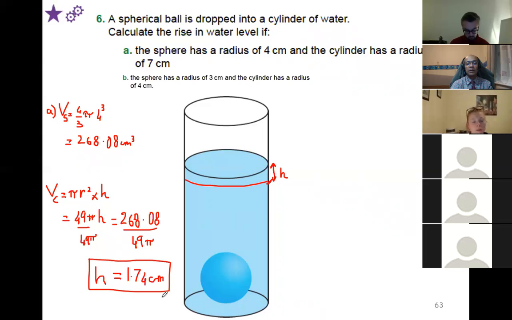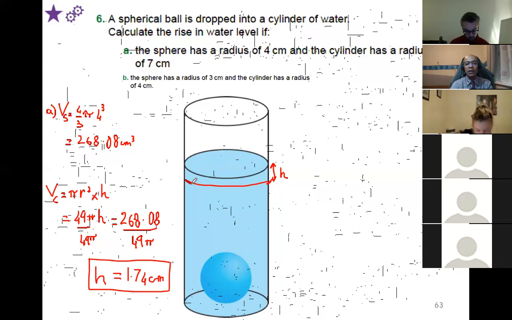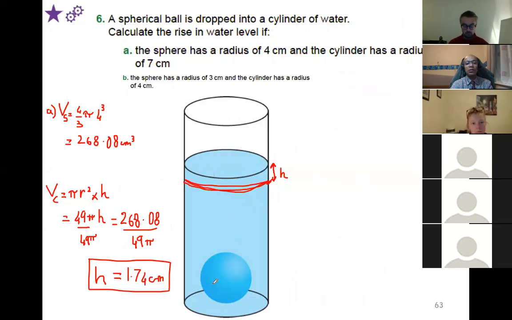It's actually so simple when you think about it like that. But yeah, you need to kind of visualize what you've been given. By giving you a sphere, you know you're going to have to calculate some sort of volume of a sphere, but then you've got to put in your head that whatever volume you've added is going to be the rise in the water level.